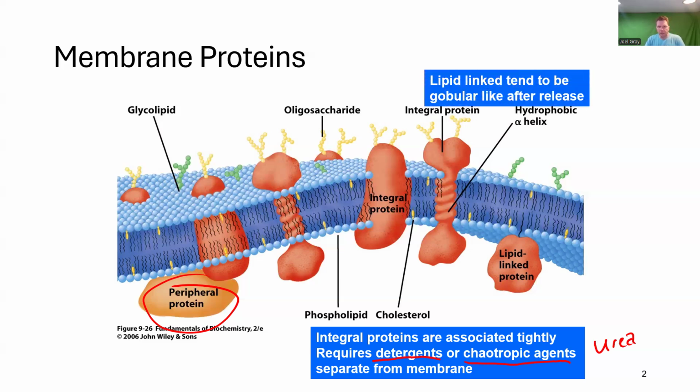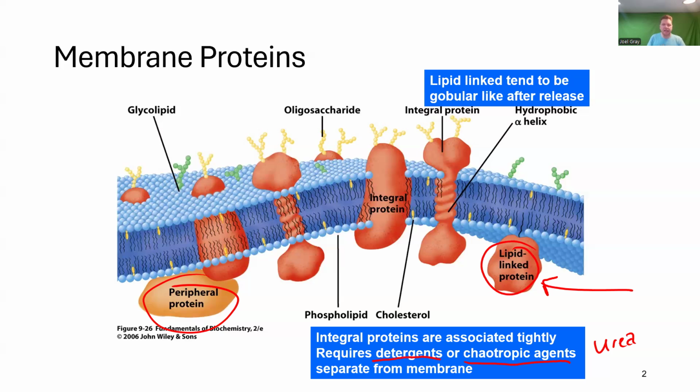Lipid-linked proteins are another way in which a protein can be associated with a membrane. What that means is that this protein right here, chances are it has some sort of covalent modification of a lipid.